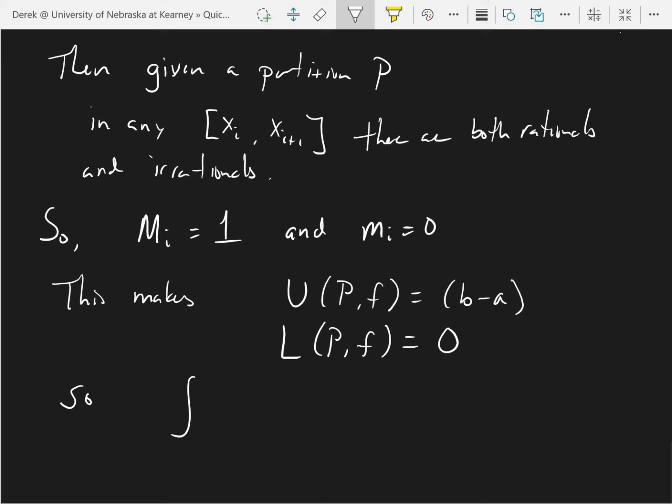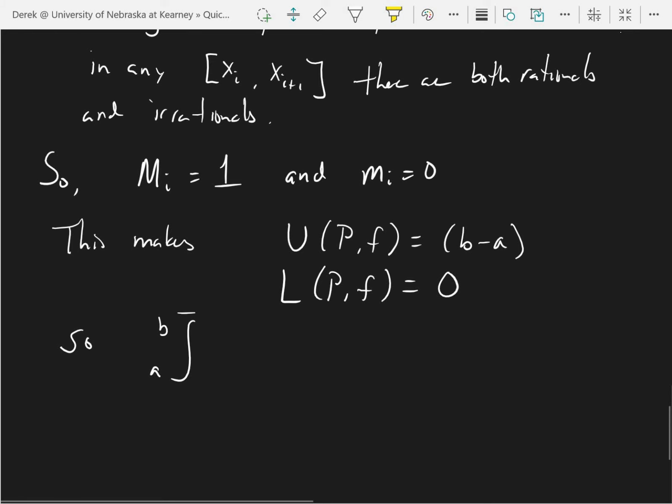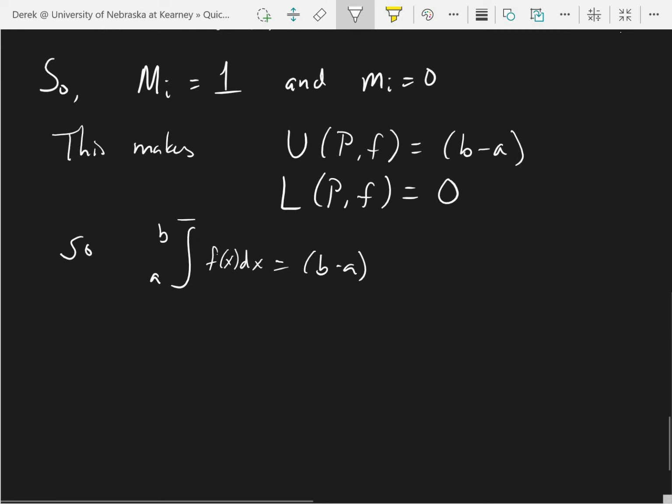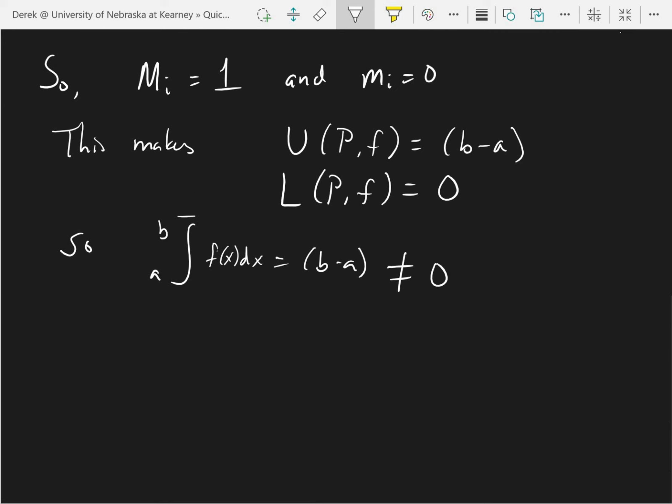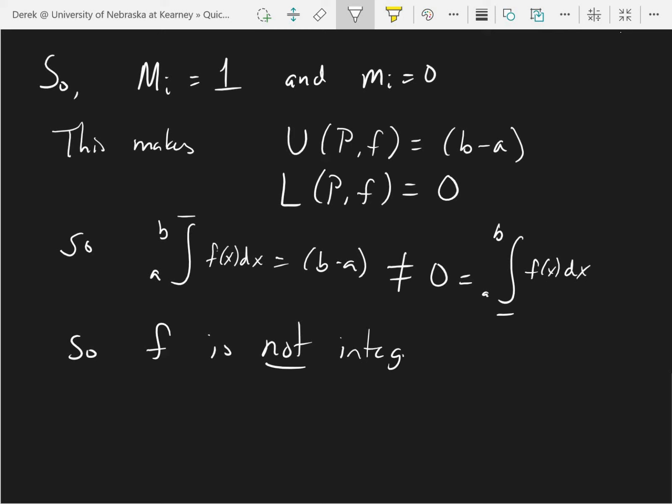So the upper integral on the entire interval, this is just a constant, is constantly b minus a, so the infimum is b minus a. And that's not equal to 0, which is equal to the lower integral from a to b, f of x dx. So f is not integrable.